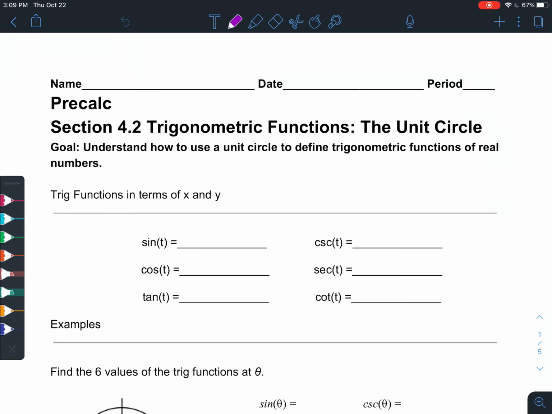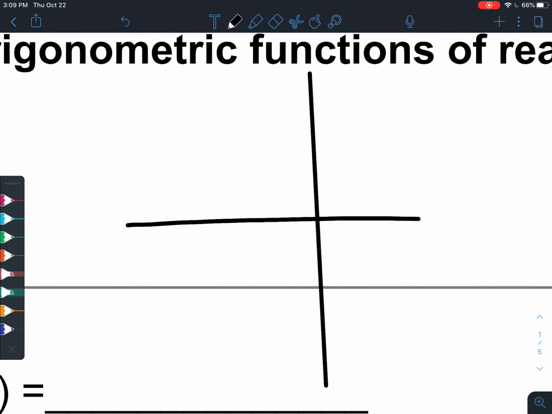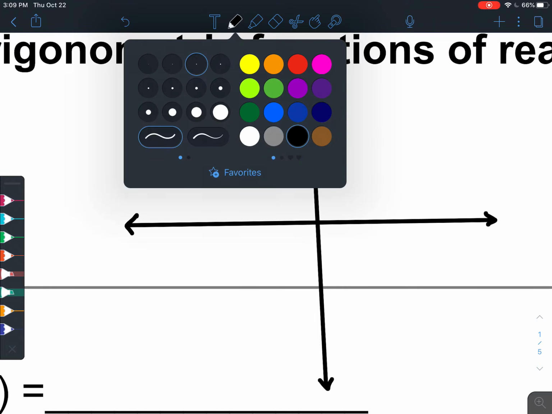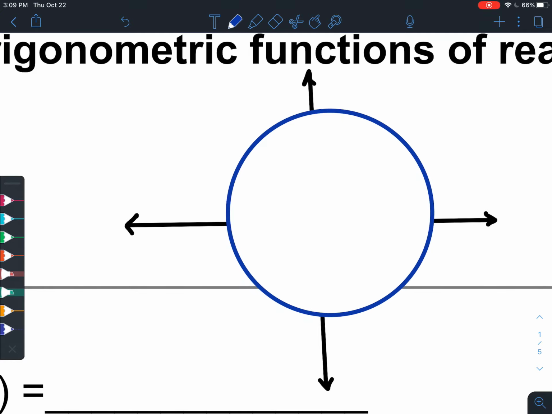So I'm just going to draw a little picture off to the side here. Nice and tiny. So here's my graph, and I'm just gonna draw a circle.